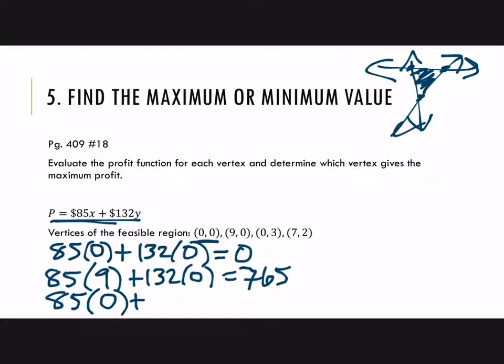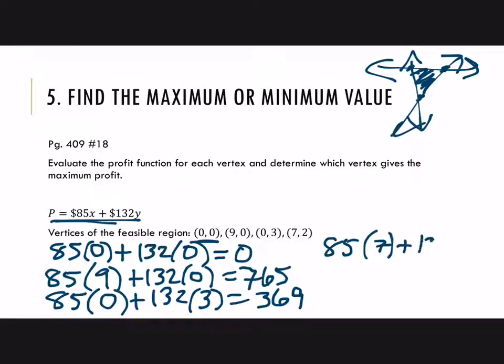Okay, 85 times 0 plus 132 times 3, that's 396. Alright, and then 85 times 7 plus 132 times 2, and that is, let's see, let me grab a calculator, and that's 859.